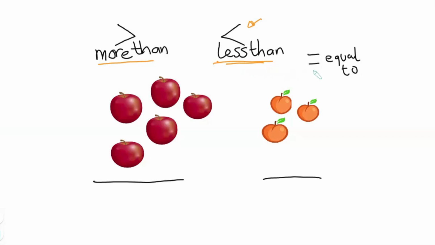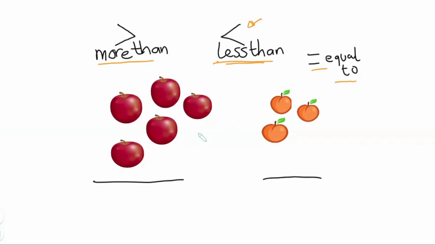And then when we use the equal to symbol, it means the two things that are in between, the symbol that is in between the two things means they are equal to or the same as each other. Shall we have an example?